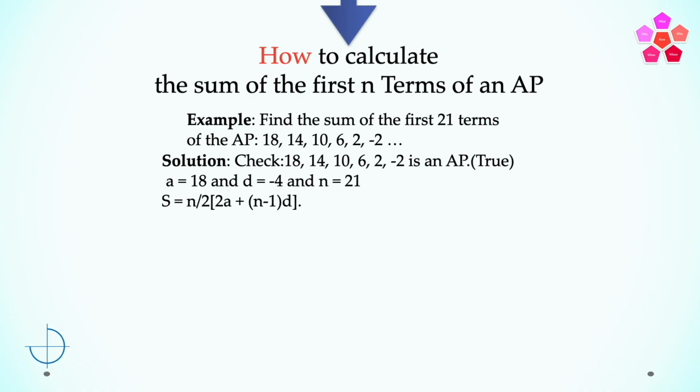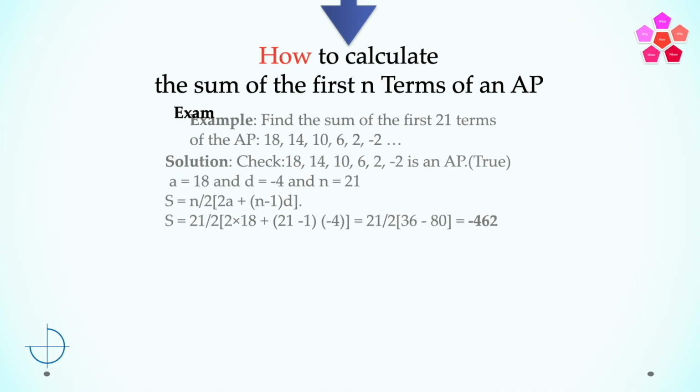So S is equal to 21 by 2 into (18 plus 21 minus 1 into minus 4). This is equal to 21 by 2 multiplied by (36 minus 80). So we get minus 462.